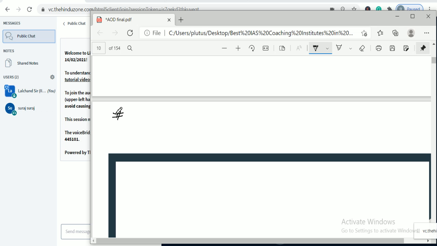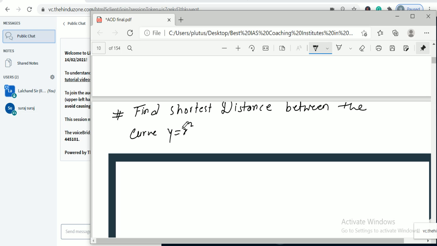Find the shortest distance between the curve y equal to x square plus 3x plus 2 and the line y equal to x minus 2. We need to find the shortest distance between this curve and line.